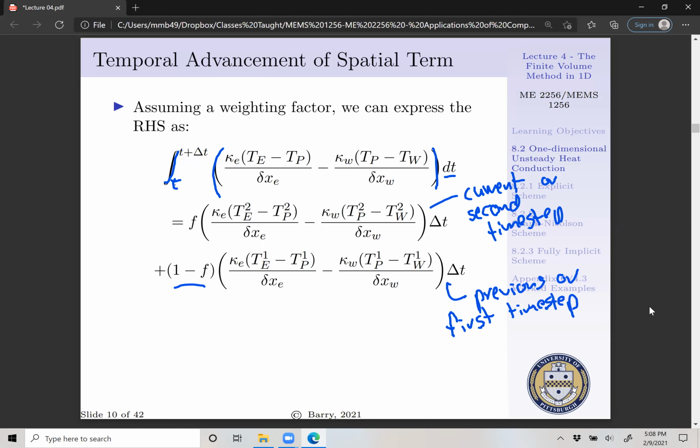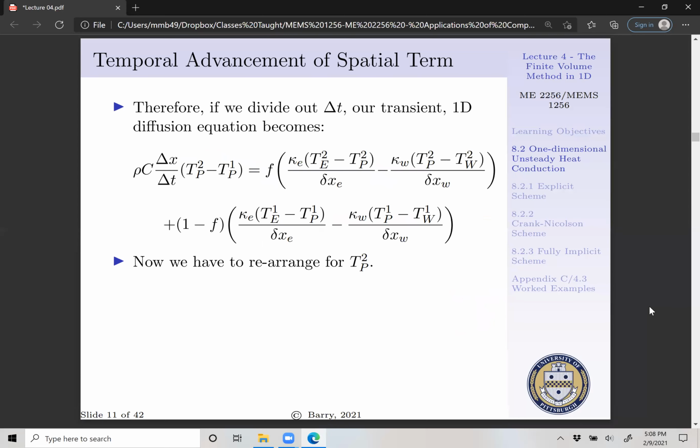Now it's somewhat of a messy equation, but it's okay. It's going to boil down very, very nicely very soon. So what we have is, in our finite volume formulation, our 1D transient diffusion equation becomes rho c times delta x per delta t of Tp at our second time step minus Tp of our first time step.